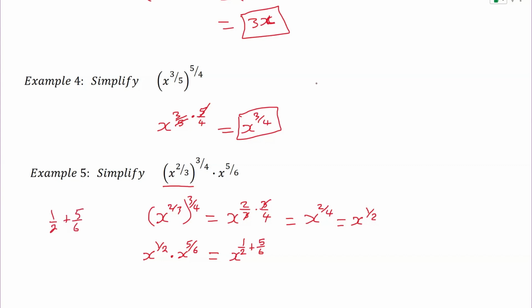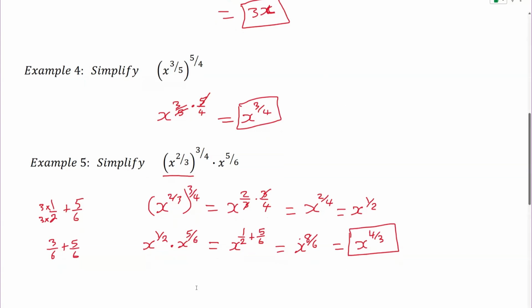So you have to multiply the 1/2 by 3. And whatever you do to the bottom, you do to the top. So this becomes 3/6 plus 5/6. So when you add these two, they have the same denominator of 6. You end up with x raised to the 8/6, right? 3 plus 5 is 8, and you keep the denominator 6. And then, of course, you can reduce this. So the final answer to the problem is x, divide top and bottom by 2, end up with 4/3. So the answer is x raised to the 4/3.